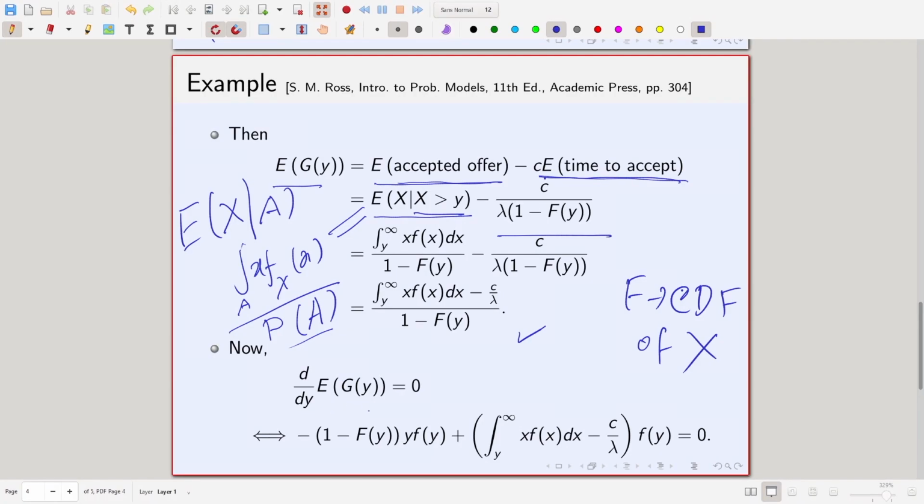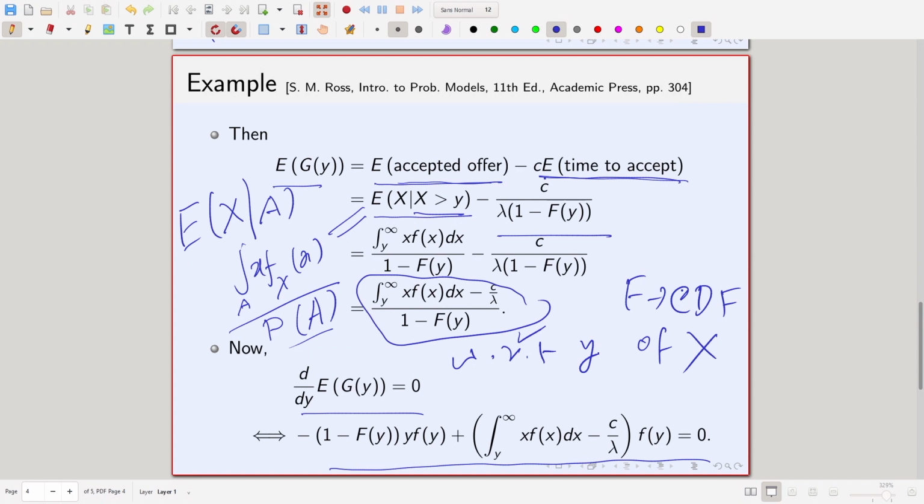So, we differentiate this E[G(y)] and equate it to 0. If you do the derivative and equate it to 0, you will see that this is equal to 0 if and only if this quantity is equal to 0. This calculation you can easily do; you have to simply differentiate this quantity with respect to the variable y. So, y is the variable.